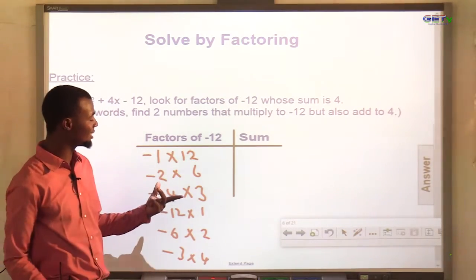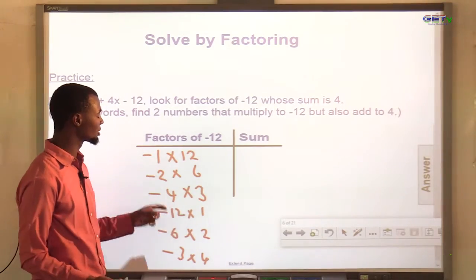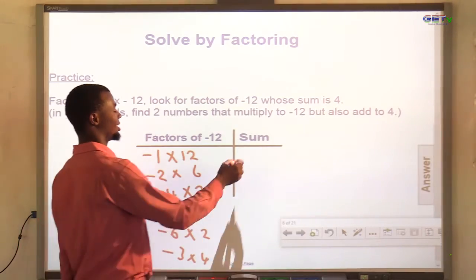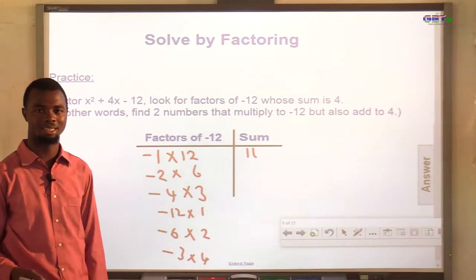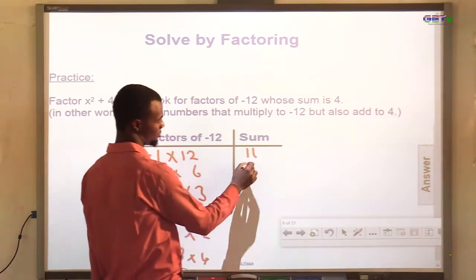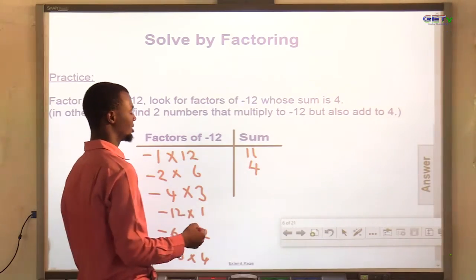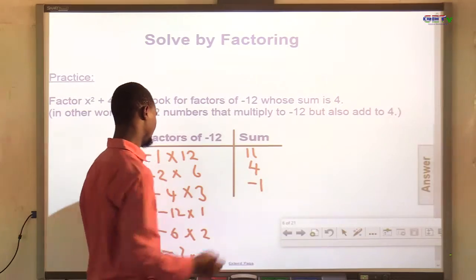Let's see if we add these factors, whether they can give us a sum of 4. Negative 1 plus 12, that will give you 11. Negative 2 plus 6, that will give you 4. Negative 4 plus 3, that will give you minus 1.